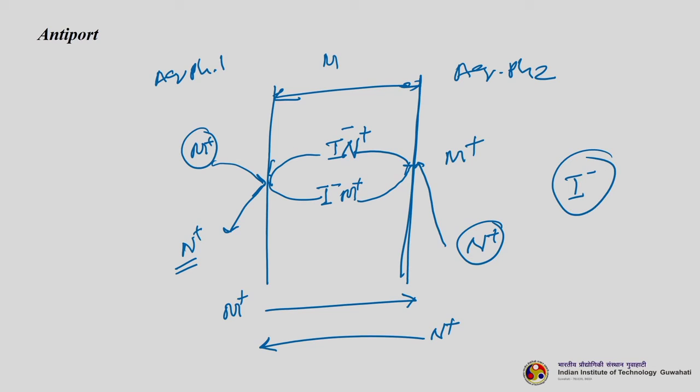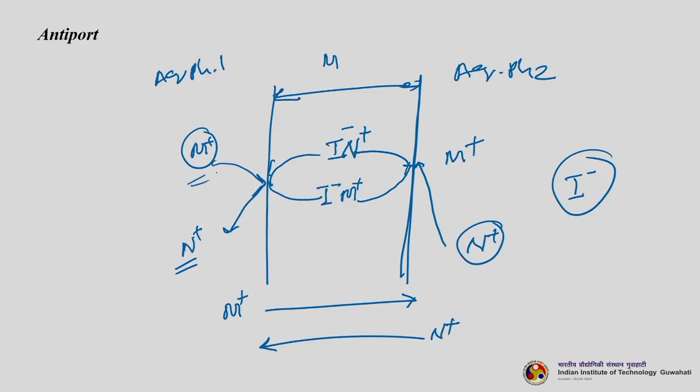It binds first to the cation present in aqueous phase 1, releases it on the opposite side, and binds again to the cation present on the permeate side. From the complex it brings it back to the upstream side, or feed side, or aqueous phase 1 side, dissociates, and again binds to the cation present here, this M plus.